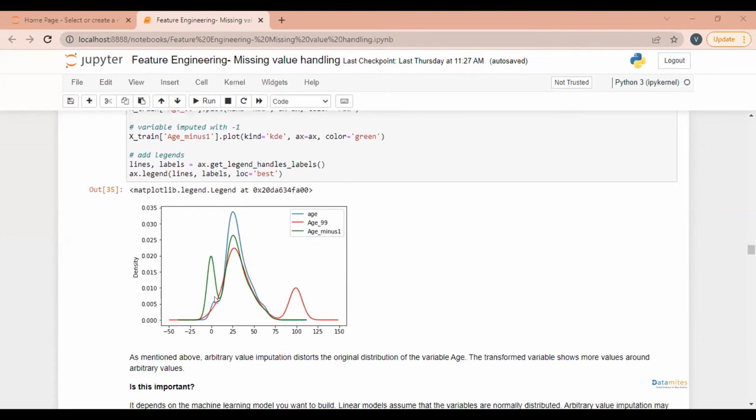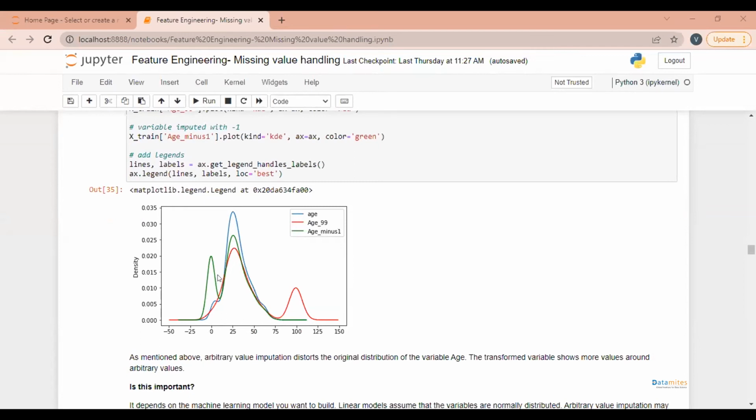The blue line indicates the distribution of age before imputation. Certain distortions are there, it seems slightly skewed, but manageable. In case of imputation of -1, the green line indicates the age distribution post imputation, and there is a small aggregation of values in the -1 area of the distribution.